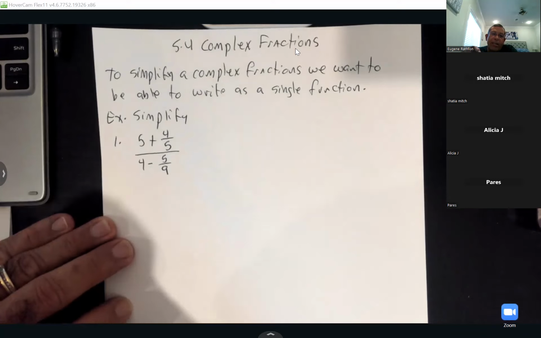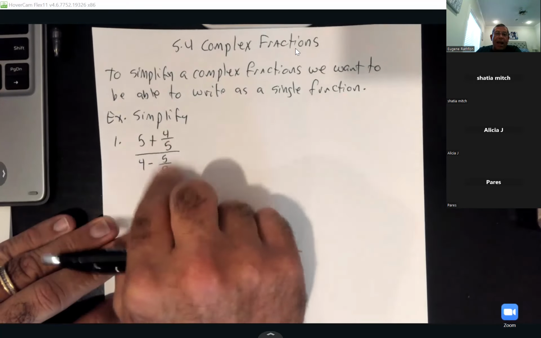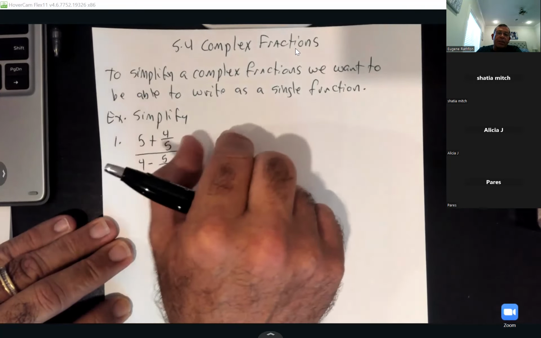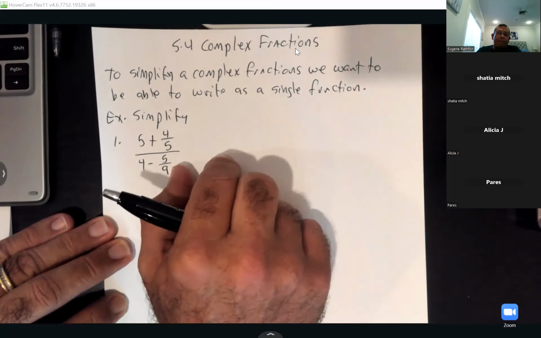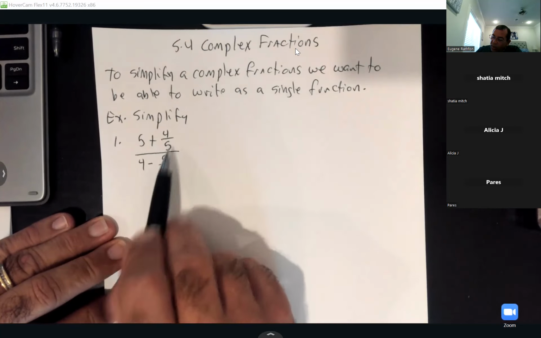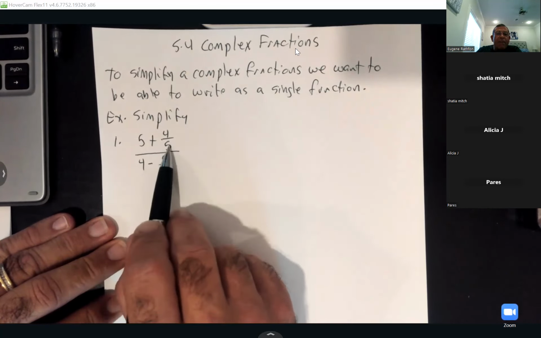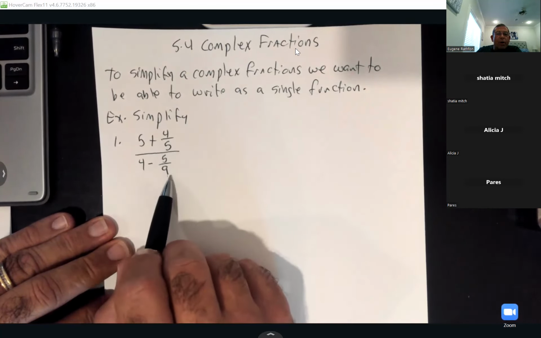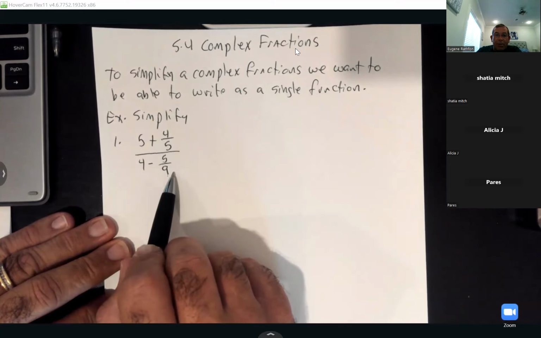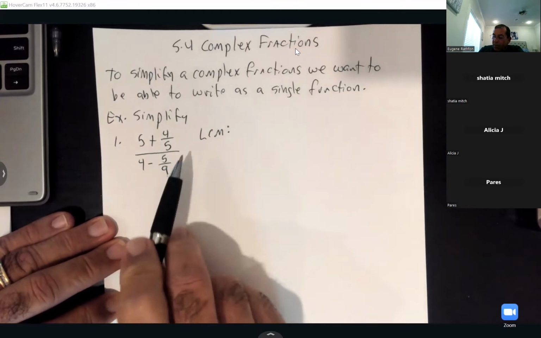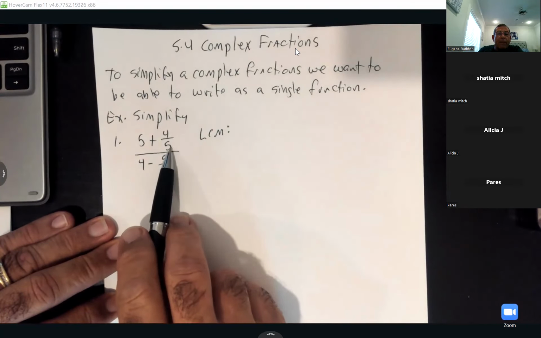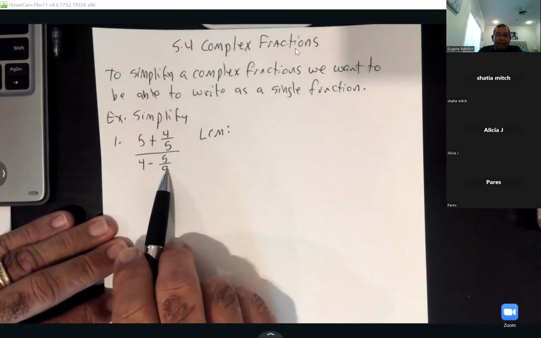So my goal is to get rid of all these different fractions here and make this just a single number on top and a single number on the bottom. So the way we do that, we find the least common multiple of all the denominators. So let's see. For this one, I'm looking for the least common multiple between a 5 and a 9.